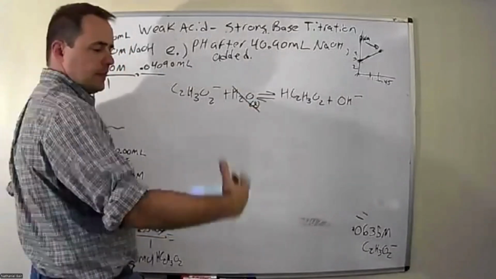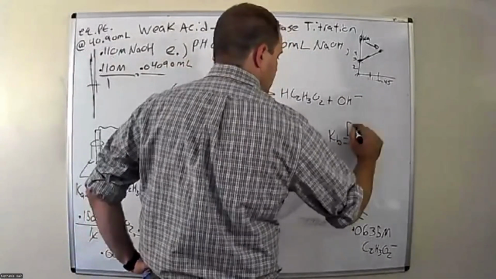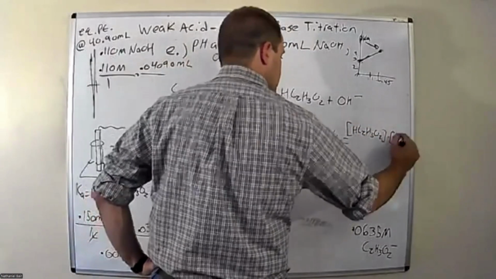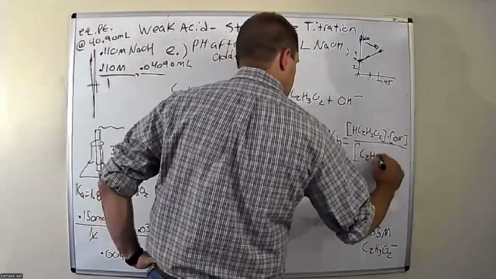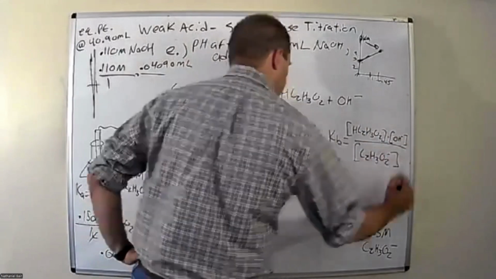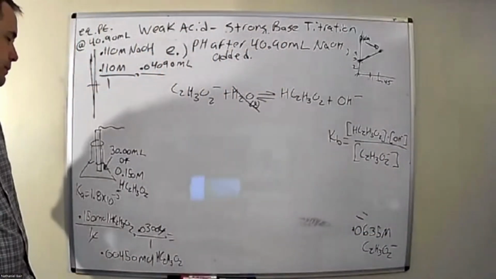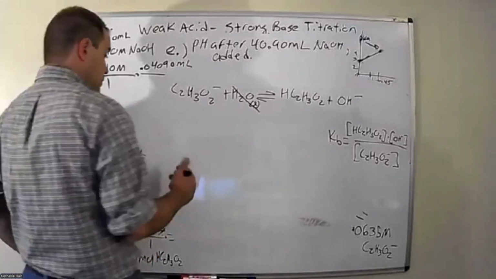I can now make a mass action expression. It's a base, so Kb equals the HC2H3O2 concentration times the hydroxide ion concentration divided by the acetate ion concentration. Now, I make an ICE table.